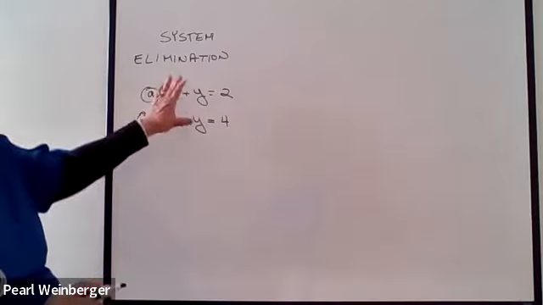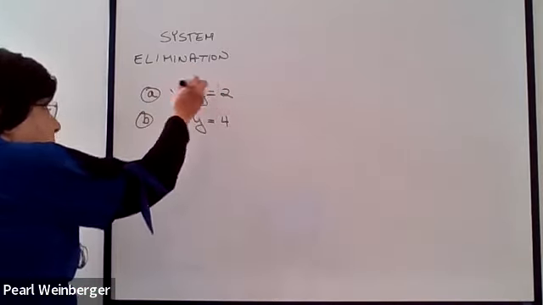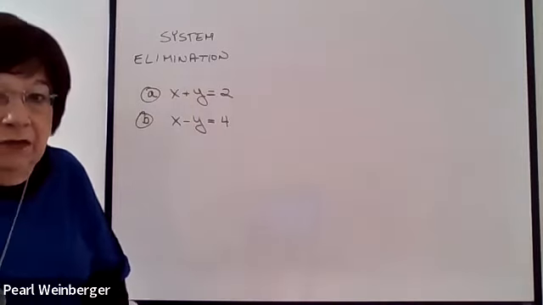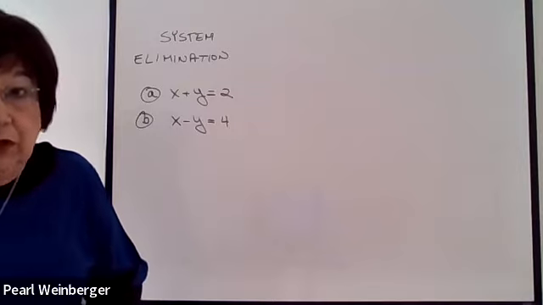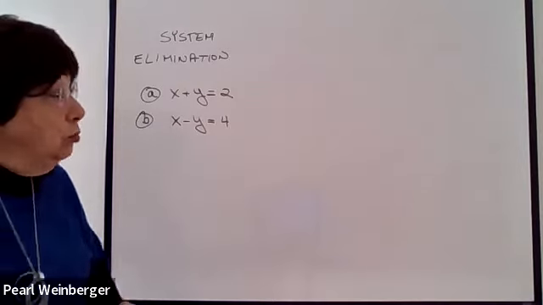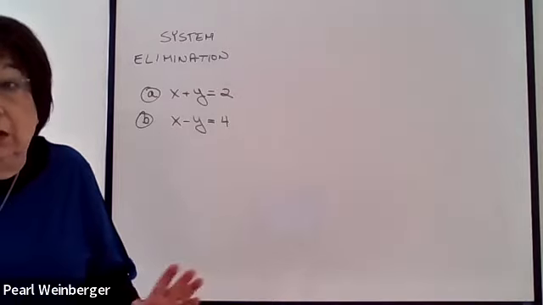Okay, again, the numbers look simpler here, and that was intentional. I want to give a simple example. But again, it's a system of equations, and again, you're told to solve the system of equations. And nothing is mentioned to us about graphing.